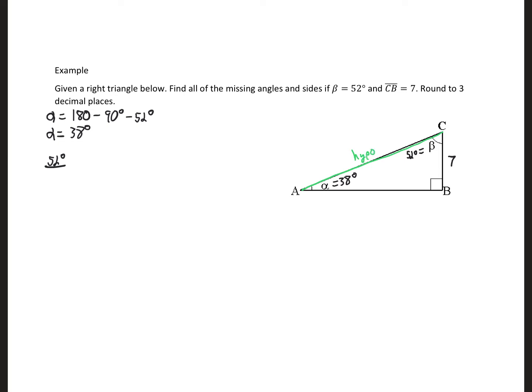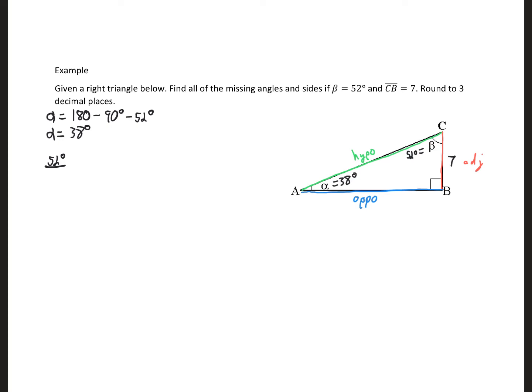If we're choosing 52 degrees, side length AB is the opposite, and side length CB is the adjacent. Alright, so let's solve this right triangle using just that angle of 52 degrees.